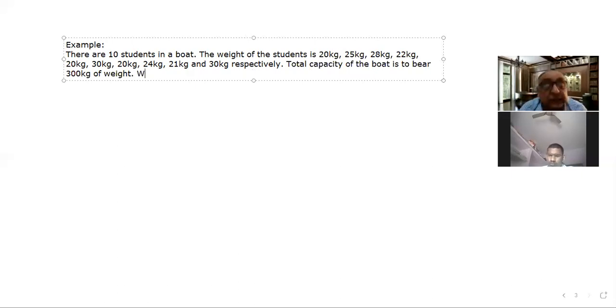Now the question is, what is the free capacity of the boat? So this is the question which is asked to you in the examination. What is the free capacity of the boat? So this is the question which you are required to solve, let's suppose, right?